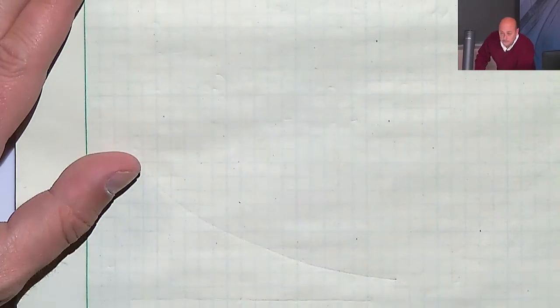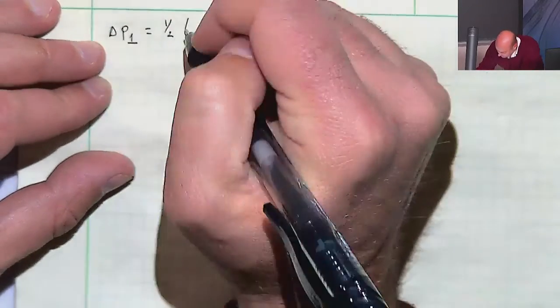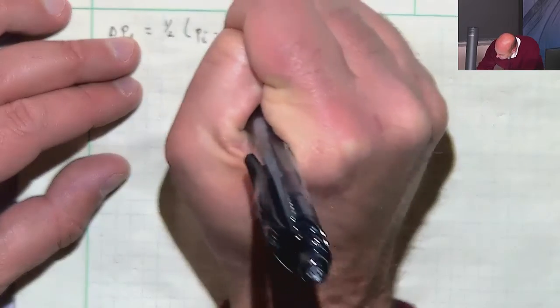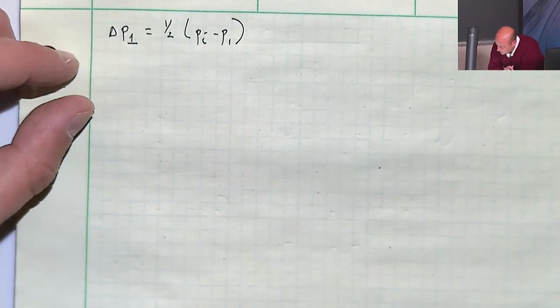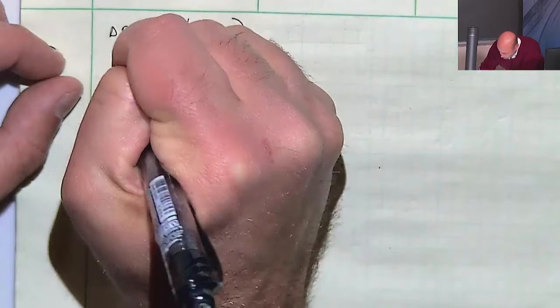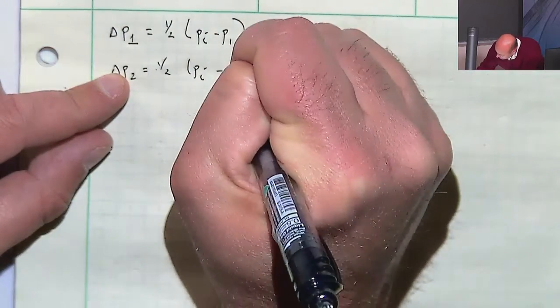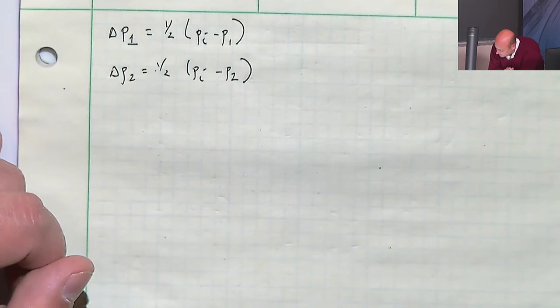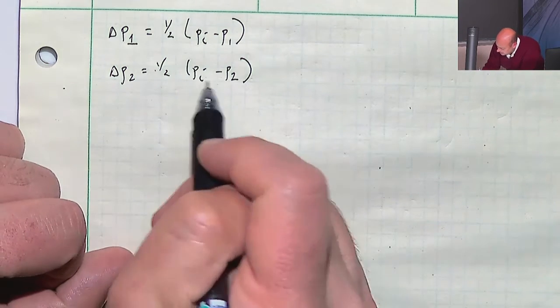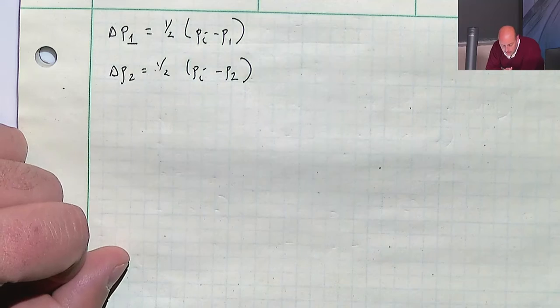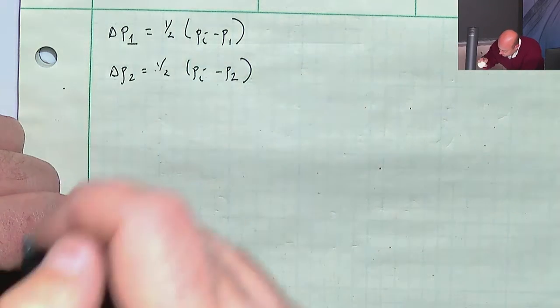Okay, so in that equation, delta P1 is equal to the average between Pi and P1, so it's 1/2 (Pi minus P1). Delta P2 is the average between Pi and P2, so it's 1/2 (Pi minus P2). I shouldn't say it's the average, but that's the formula, and I show you how to get that in the PowerPoint notes.